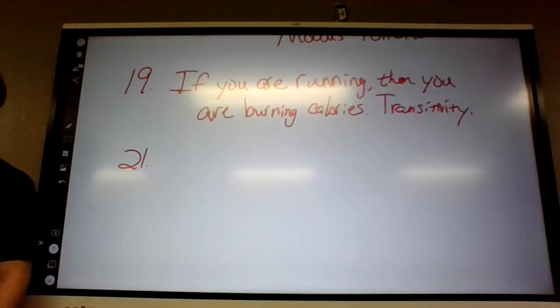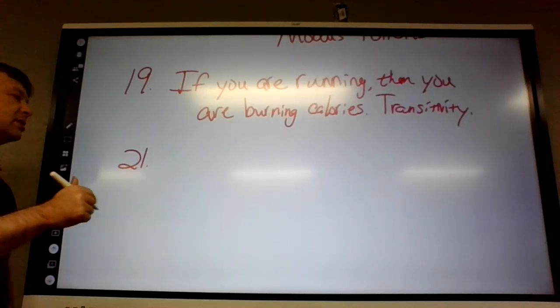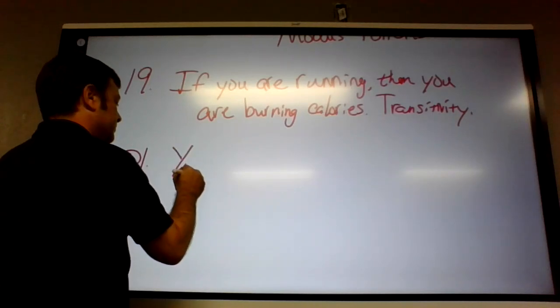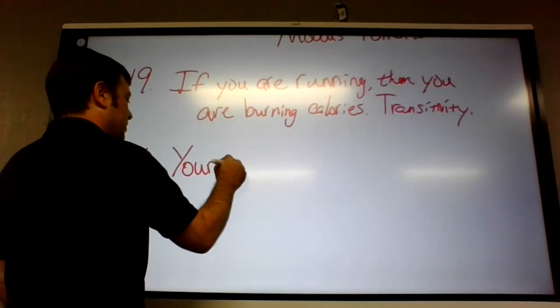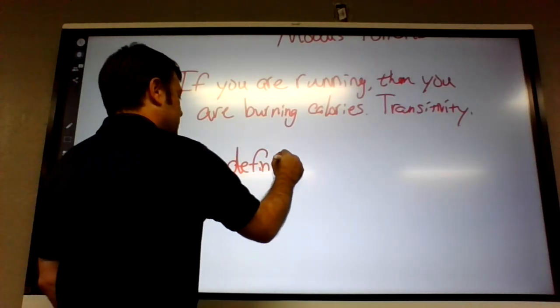All right, 21. I understand. A concise definition avoids unnecessary words. So if it's concise, it avoids unnecessary words. Your definition is concise, therefore, what? Your definition avoids unnecessary words.